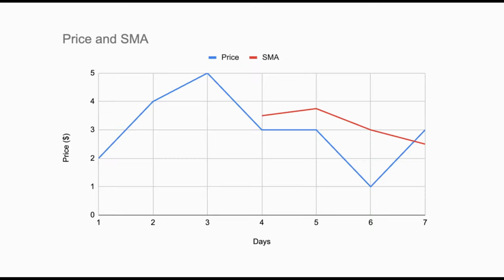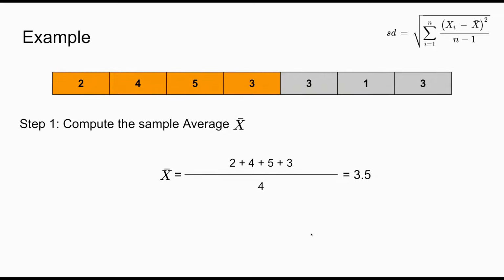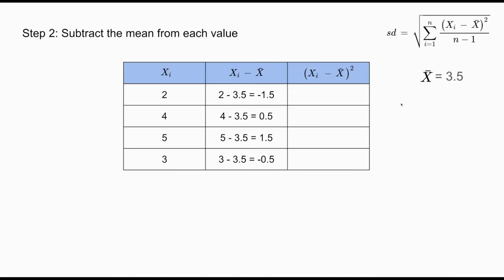Now let's shift our focus to standard deviation and complete the foundation needed to understand the Bollinger Bands. A standard deviation measures how dispersed the data is in relation to the average. We are already familiar with the term average as we explained it above. Let us see an example of how we can calculate the standard deviation of the prices on a 4-day window.